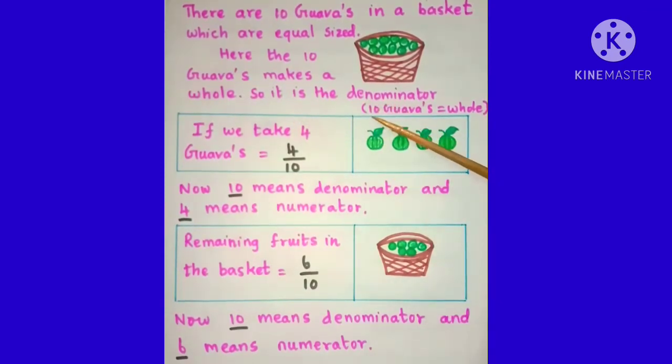So we know that the denominator represents the number of parts which makes the whole. So children, here the number 10, the total number of guavas, represents the denominator.